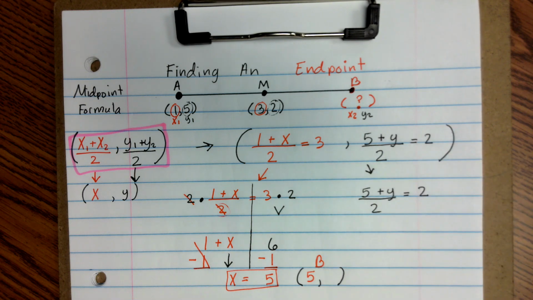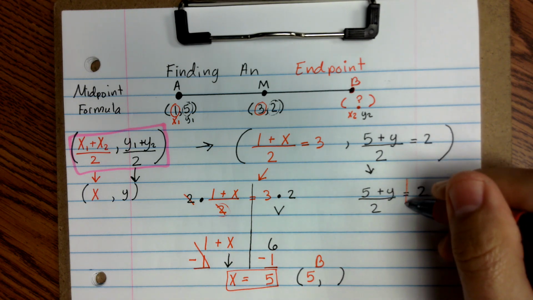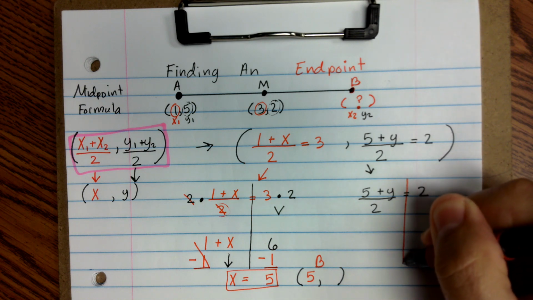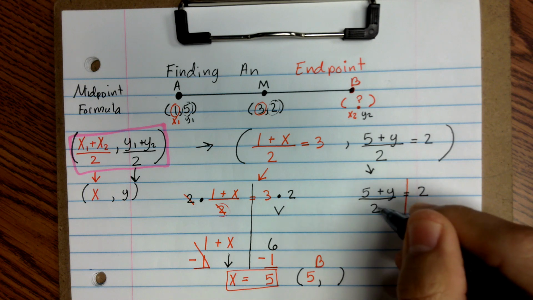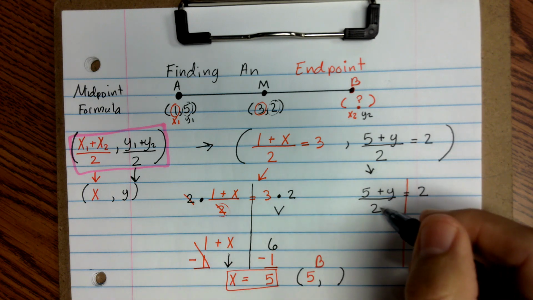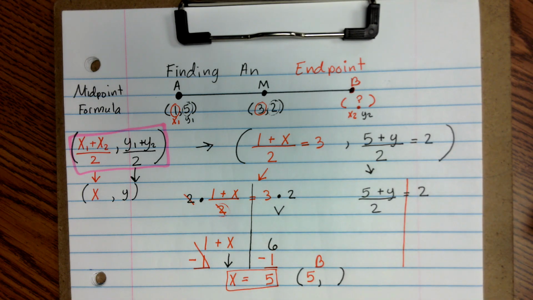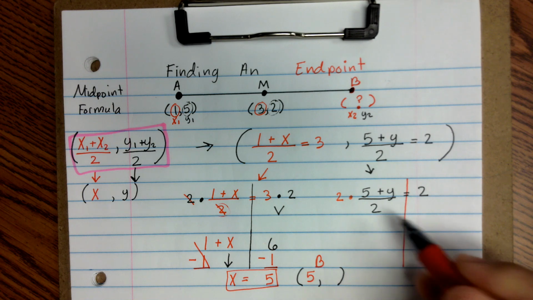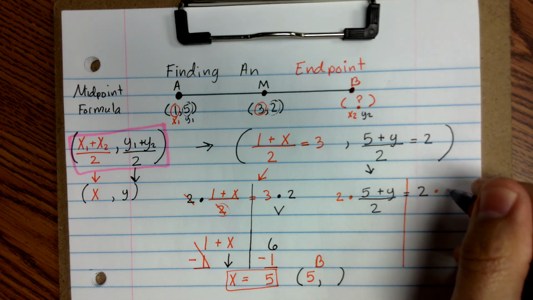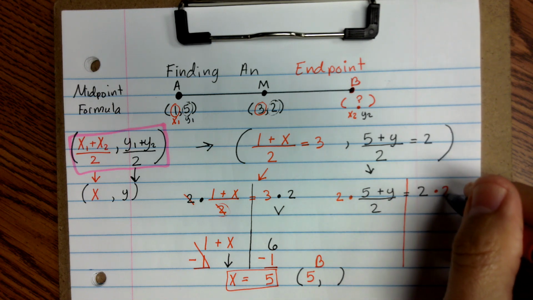So I'm going to draw a line through my equal sign. And the first thing I want to do is get rid of this 2. So just like on the left side, we're going to have to multiply. So I'm going to multiply by 2 on the left side of the equation. And to keep it balanced, I'll multiply by 2 on the right side of the equation.